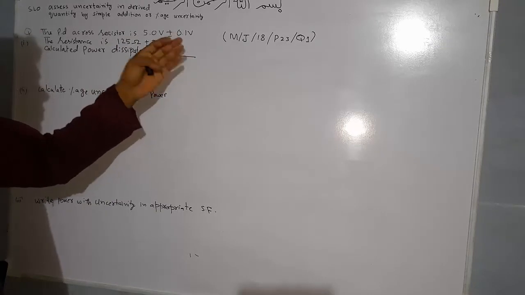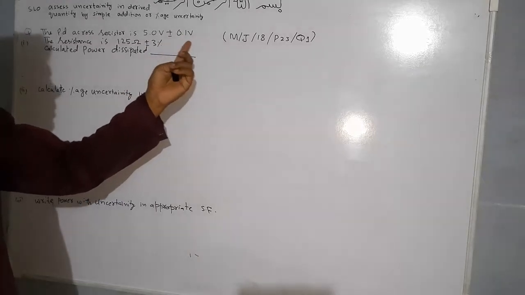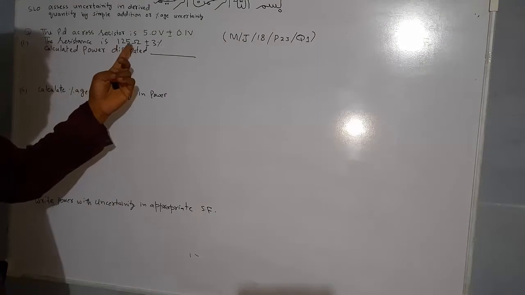The question is: the potential difference across a resistor is 5.0 volt plus minus 0.1 volt. We already know that the plus minus 0.1 volt written here is the absolute uncertainty of the voltage. The resistance is given as 125 ohms plus minus 3%, so the percentage uncertainty is given right here.